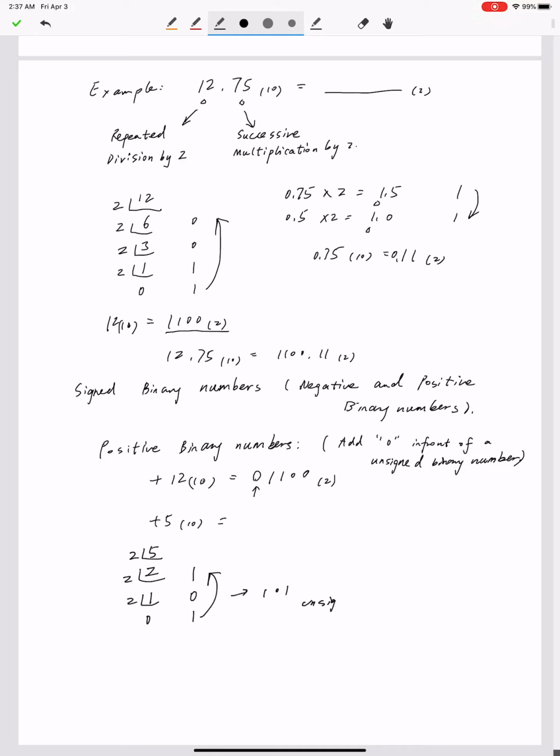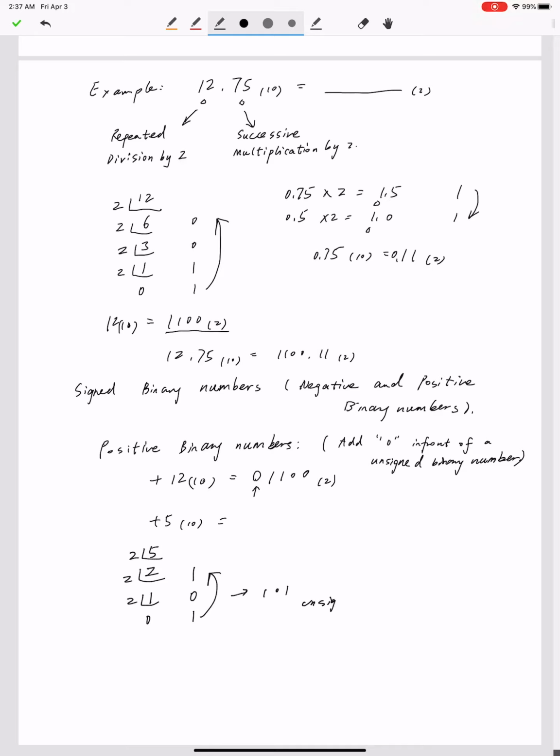Then how to represent a negative binary number? To find a negative binary number, the method is not as simple as add 1 in front of an unsigned binary number.